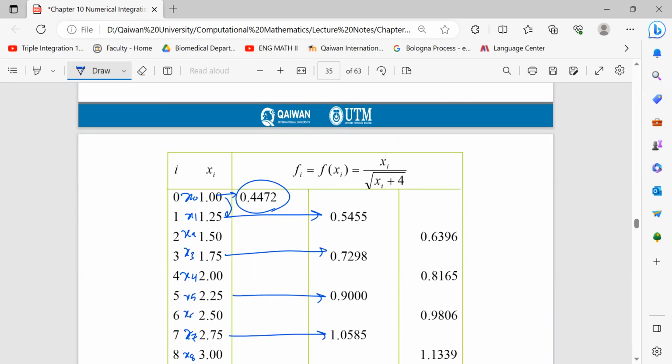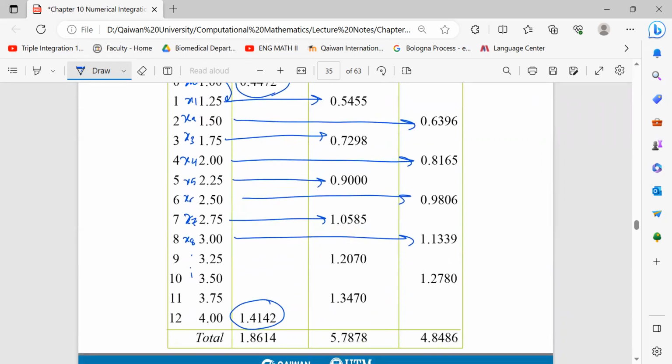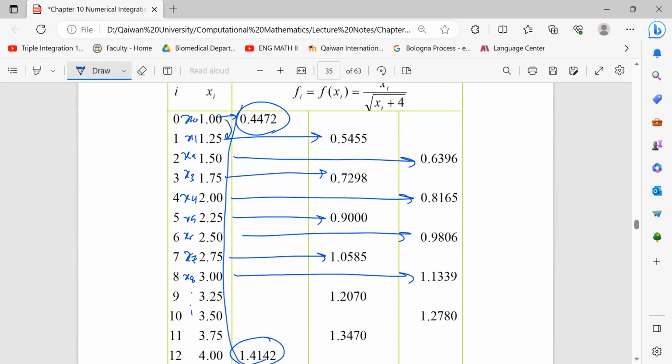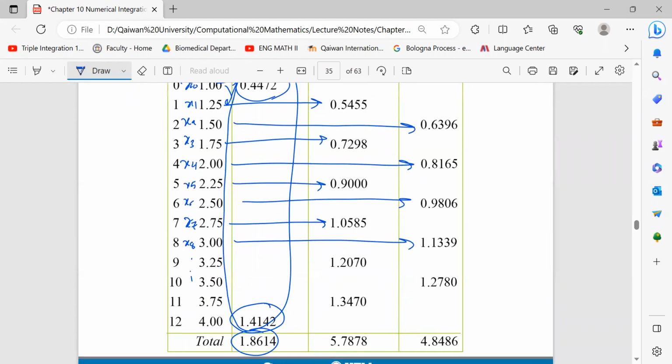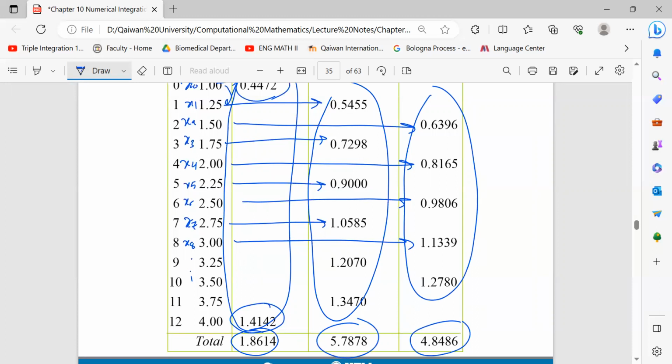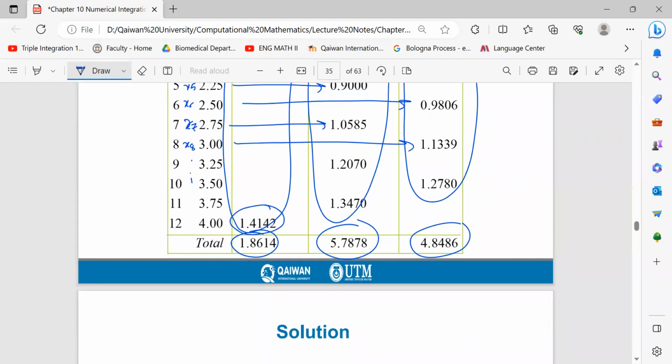All are in a column. Then, for x2, x4, x6, x8, and so on up to the end. Now, we find the sum of these two. Then, the sum of these in this column, and the sum of these in this column. Put it here and here. If we make this table, it's easier to find the solution. I mean, to get the results.